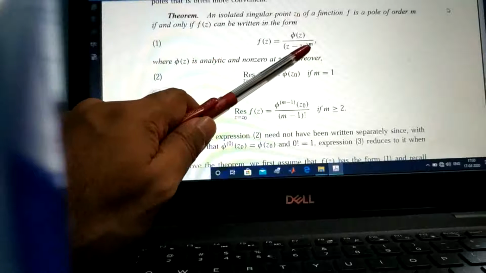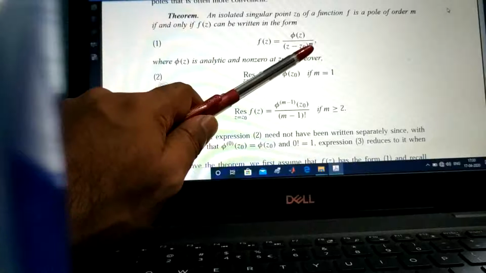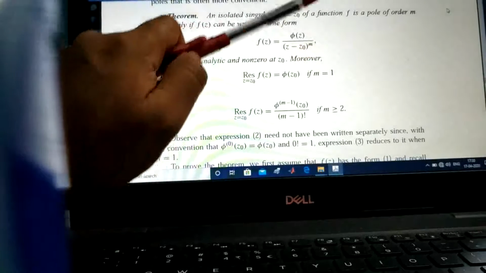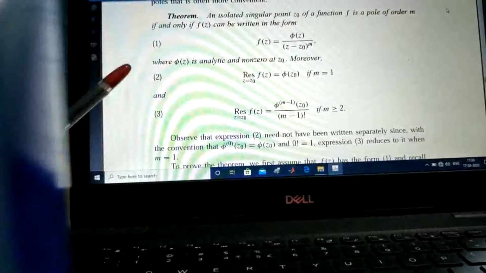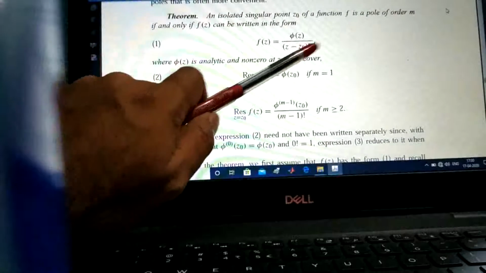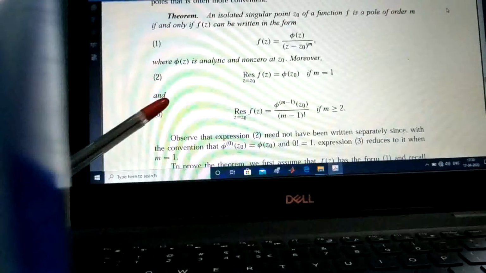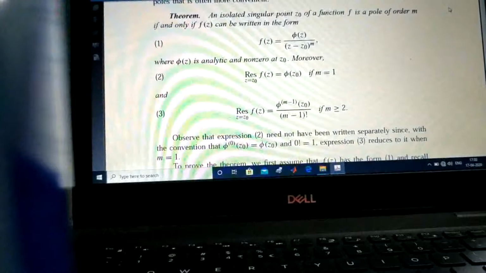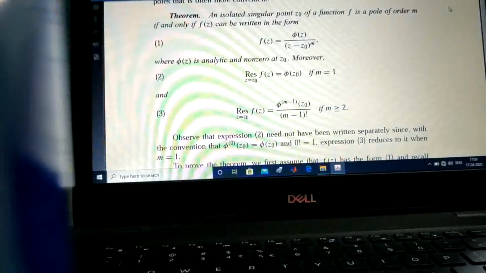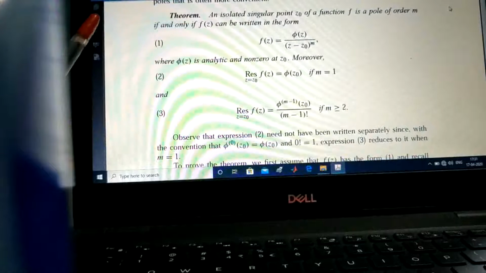reversely we can claim that z0 is a pole of order m. If the power is m here, then z0 will be identified as a pole of order m. So this is an if and only if condition.